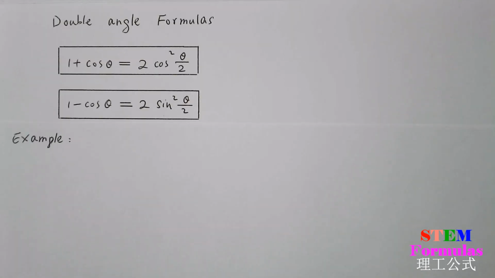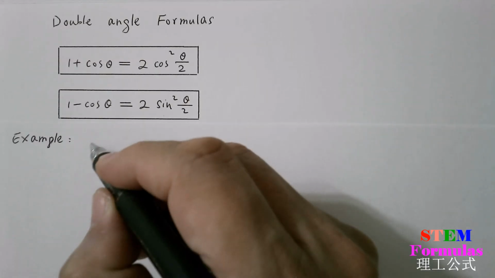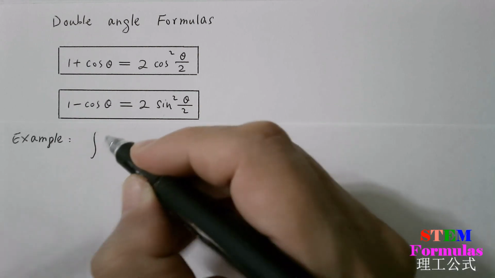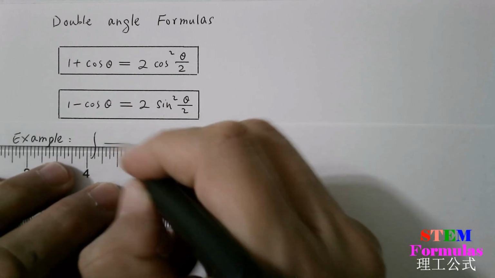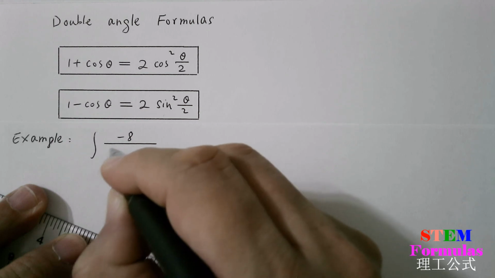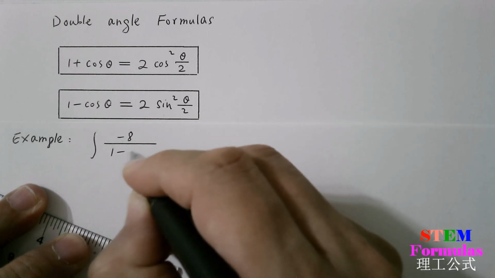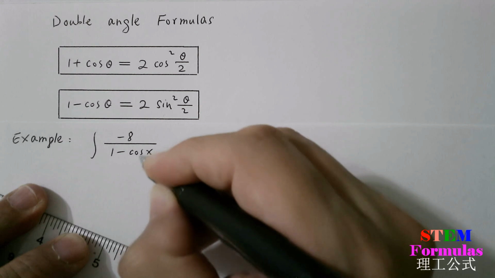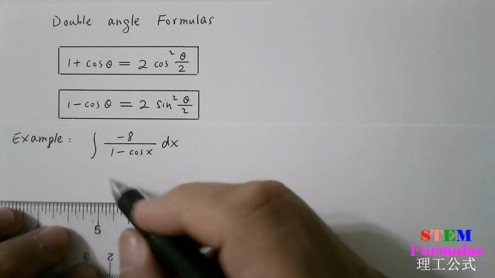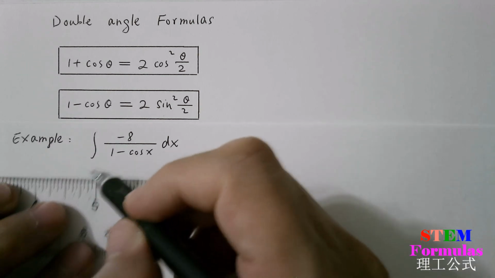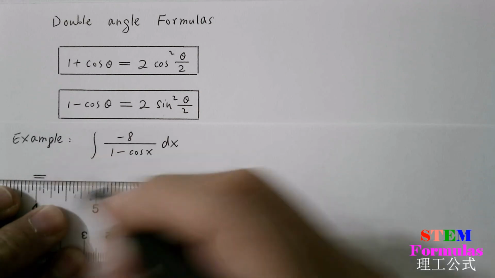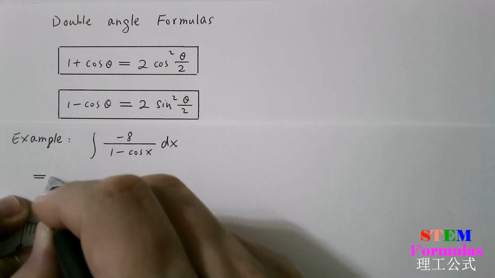Example: we would like to perform an integral, minus 8 times the integral of 1 over 1 minus cosine x dx. Solution. The constant, I can take it out.